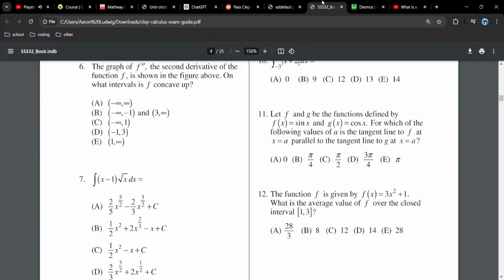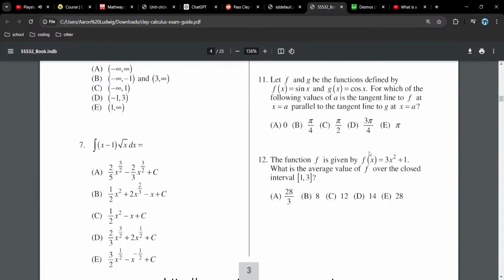This is something I gotta know with the unit circle, so let's test out the values. So sine 0 is equal to 0 and cosine 0 is equal to 1.